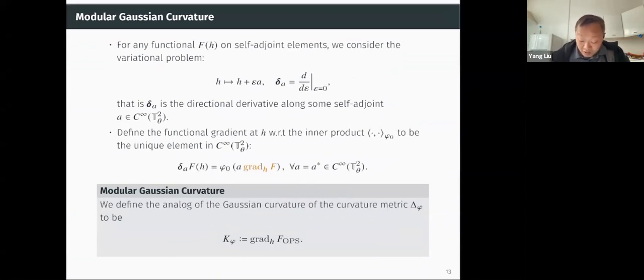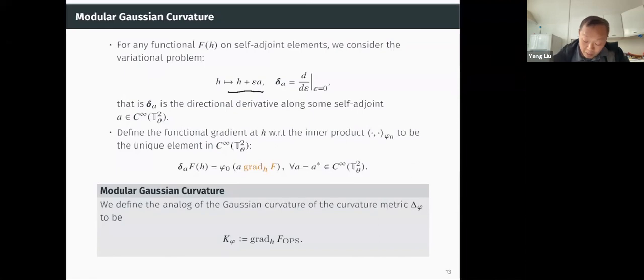So then we consider this variation problem. If we perturb this metric, H is sort of a parameter at the tangent space of the metric, right? Because e to the H, the conformal factor, represents this H. So H is sort of at the level of the tangent space.